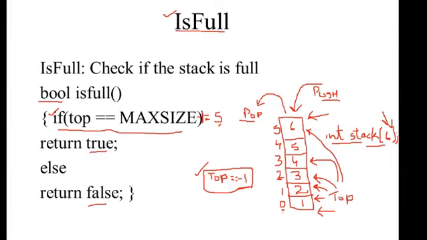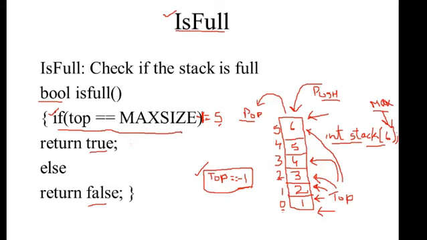It is completely dependent on you which value you use for max size, whether max size represents the last index or the size of the given data structure. If you are using max size as the maximum size of the data structure, you need to check whether top is pointing to the last index, and in that case the condition will be max size minus 1.